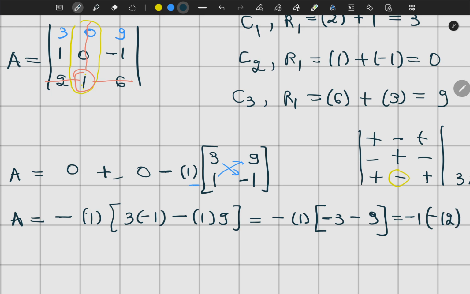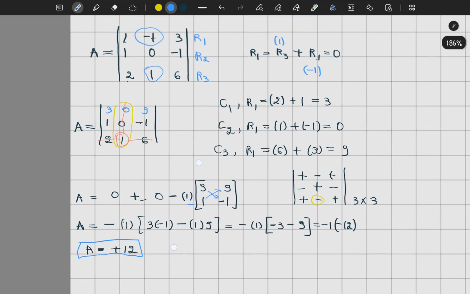And then A will be equal to positive 12. As you can see, this is what we got from the matrix calculation, positive 12. So we found the right answer without doing a long calculation.